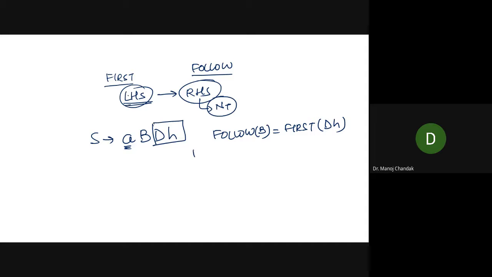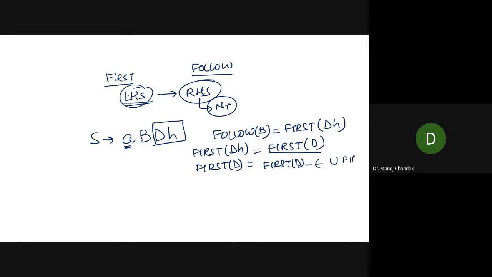And first of DH will be calculated using the regular first rule, that is equal to first of D. Okay, if this has epsilon, then you will again calculate first of D. First of D equal to first of D minus epsilon union first of H. Okay, right? So always remember that the first rule will be used more than the follow rule.